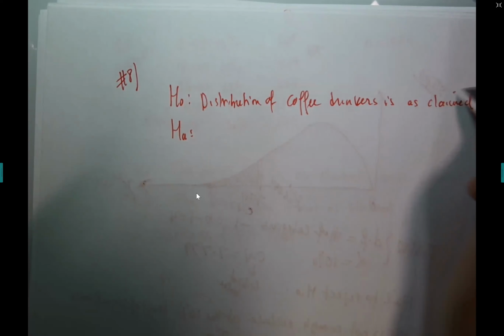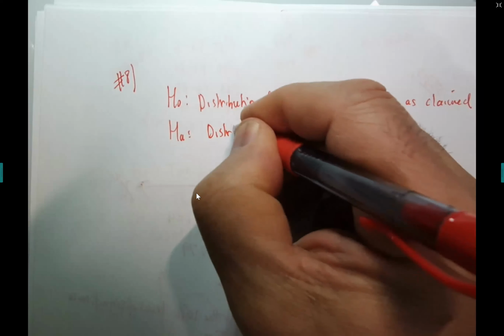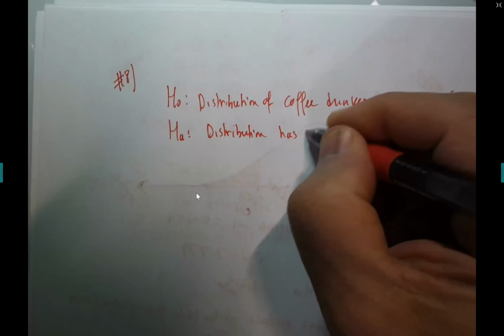And he's asking us to check if this distribution is still valid. So the claim is right there. HA: distribution has changed, if you like, or not as claimed.